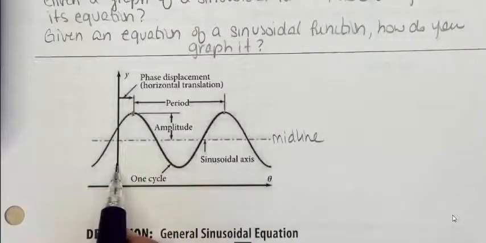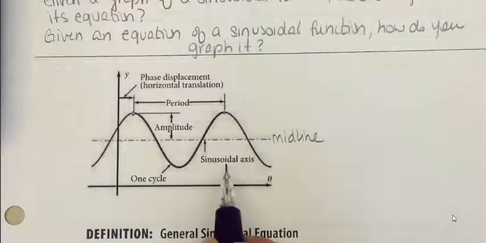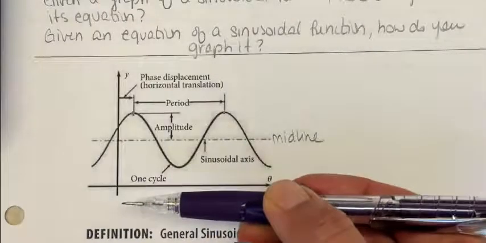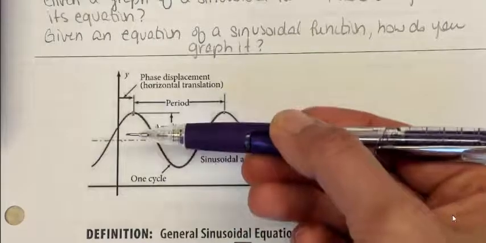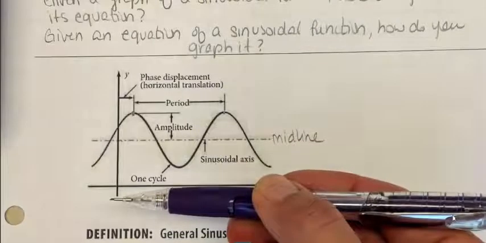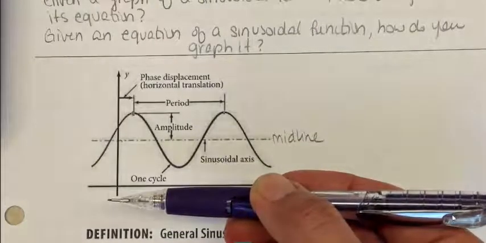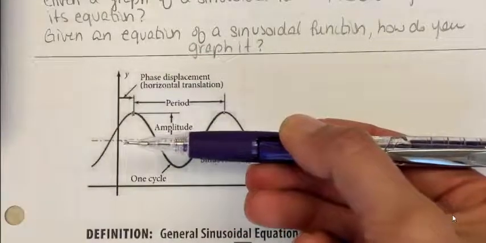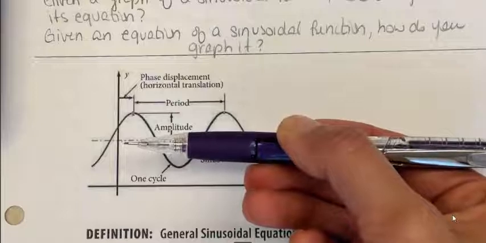So you go up 1 and then down to -1, and this midline has been your x-axis. So this midline, or the sinusoidal axis, ends up wherever you have vertically translated the graph. If you have vertically translated the cosine function 5 units up, then the midline ends up at y equals 5.